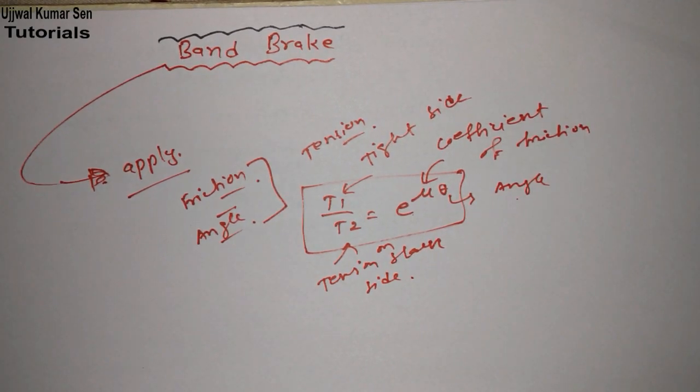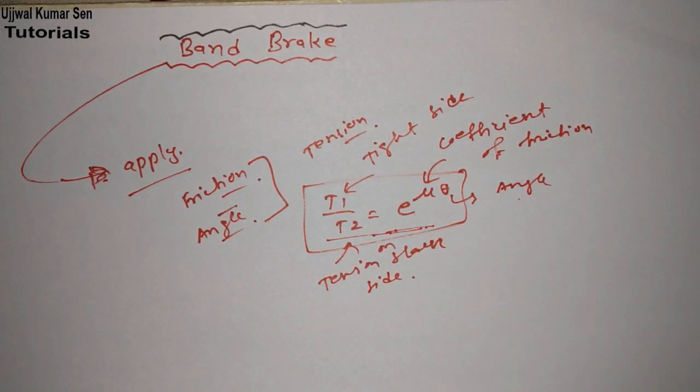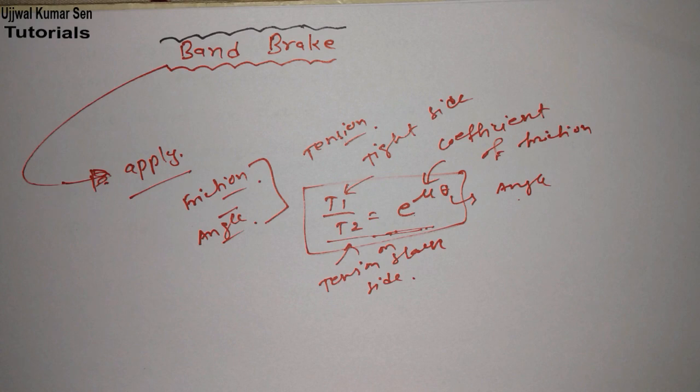The question we are going to discuss in this video tutorial is one that has been asked in GATE, as I have already shared with you, and in that question we will apply this formula only. Based on this formula we can solve that numerical problem. If you have been watching my videos for a long time, because I have created a number of videos related to GATE and mechanical engineering, I will tell you one thing.